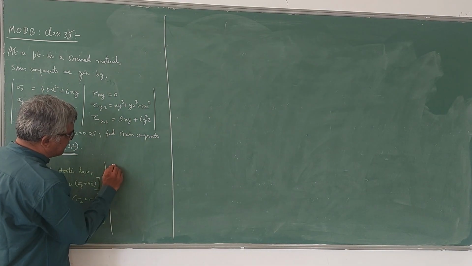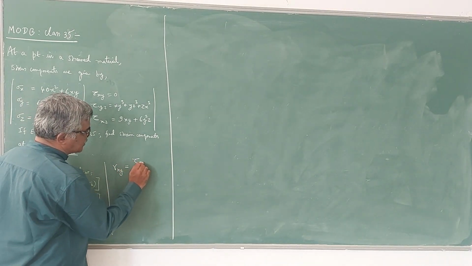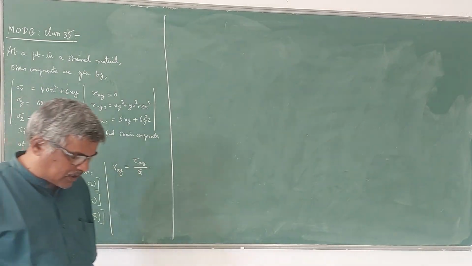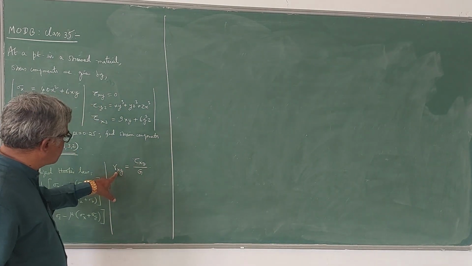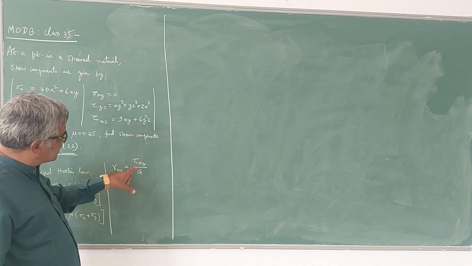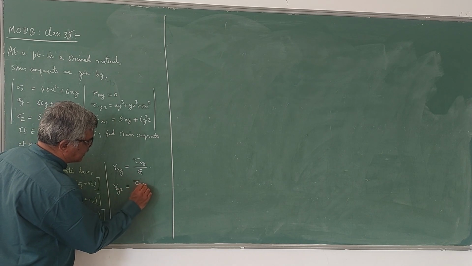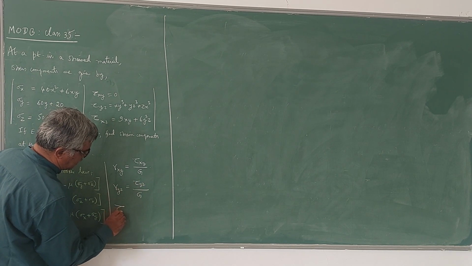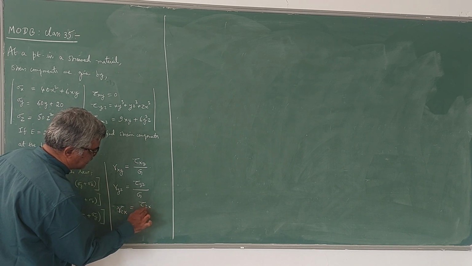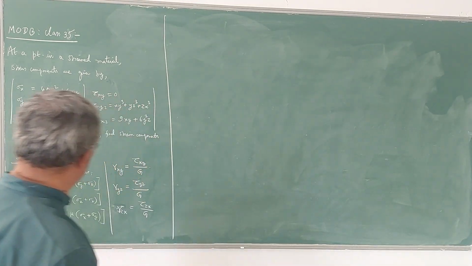Shear strains are given by gamma xy. Gamma xy is equal to tau xy divided by G, because we know that shear stress divided by shear strain is G. So your gamma xy, that is shear strain, is given by shear stress divided by G. Similarly, gamma yz is tau yz by G, and gamma zx is tau zx by G. Of course, in this problem he has given only E and mu values, Young's modulus and Poisson's ratio.